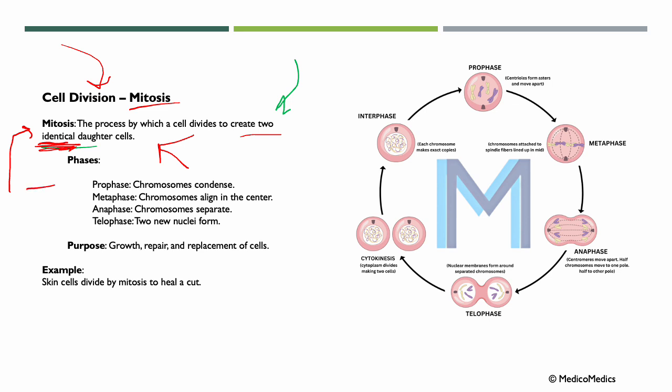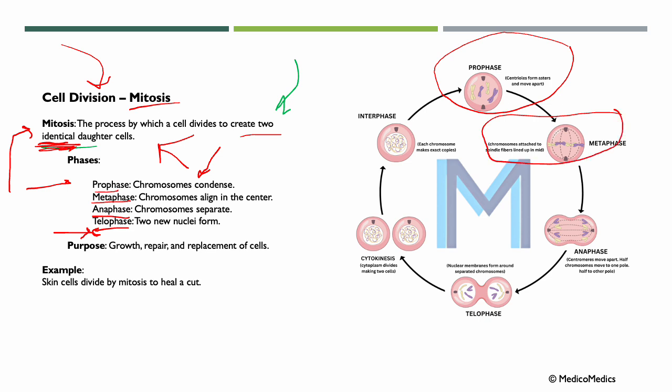Now, the phases of mitosis include prophase, metaphase, anaphase, and telophase. We may also add something called cytokinesis at the end. So in prophase, the chromosomes condense. In metaphase, these chromosomes align in the center.